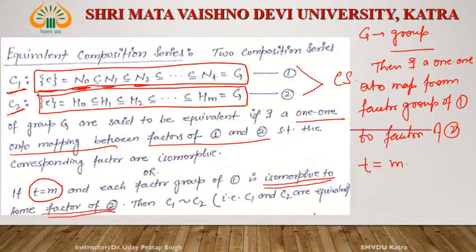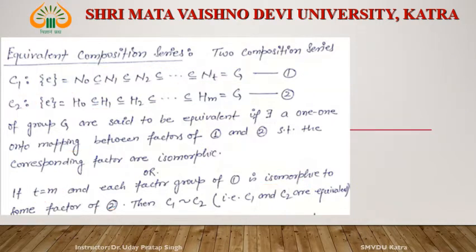Then these two series C1 and C2 are equivalent. So either use this definition or that definition, both are the same. The conclusion is that two composition series of a finite group G are equivalent if there exists a 1-1 onto mapping between the factor groups of 1 and 2.